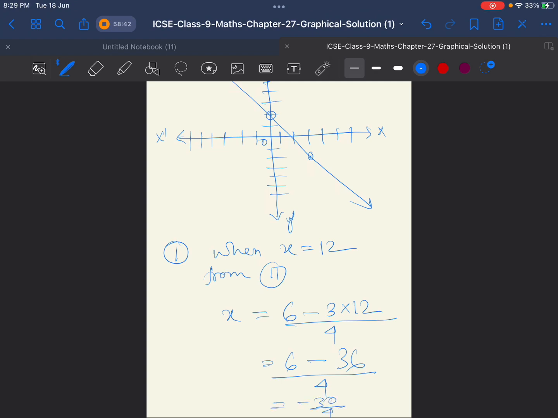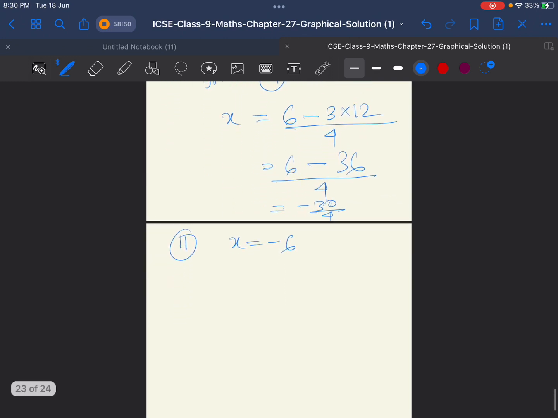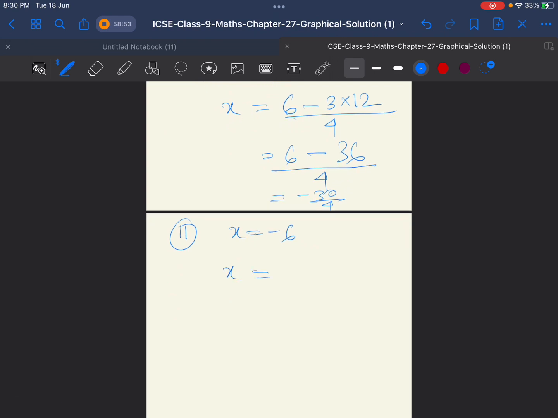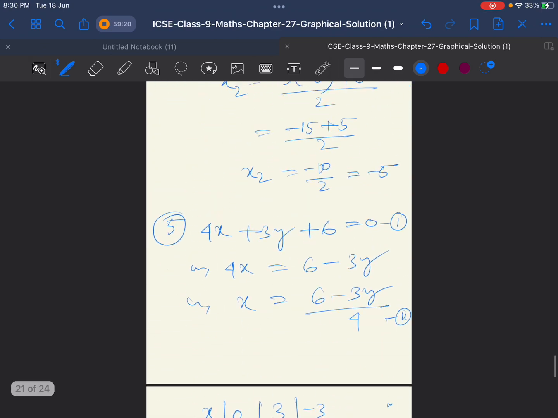Okay, 6 minus 36 by 4, this is minus 30 by 4. So second question, when x equals minus 6, then from equation 2, x equals 6 minus 3 into minus 6 by 4, plus 18 by 4, 24 by 4, 6.